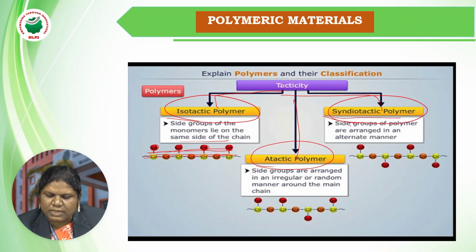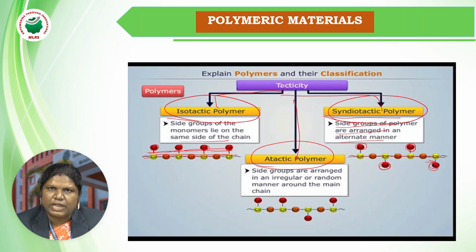Coming to the syndiotactic, side groups of the polymers are arranged in an alternate manner. Here in the picture, this is the main branch, and the red color balls represent the side groups. These are arranged alternately. Here it is in the upward position, here it is in the downward position. Upward position, downward position means they are arranged alternatively in syndiotactic arrangement.